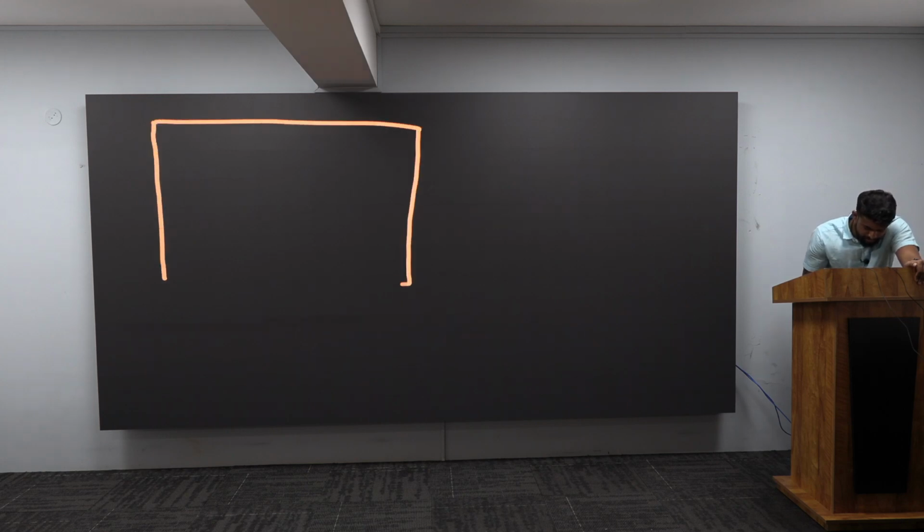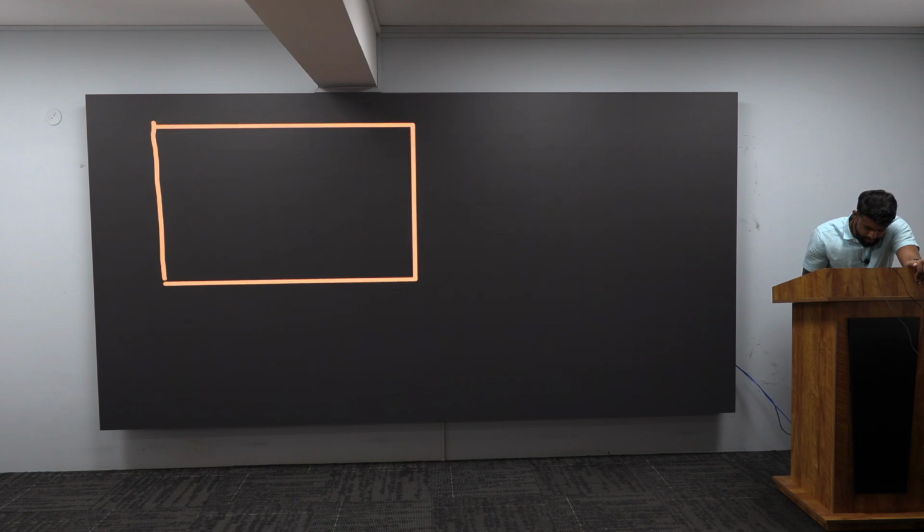So this is my monitor screen. Let me represent it this way. Very good. And after that, I will tell something here. This is 1, 2, 3, 4, 5. Very good.